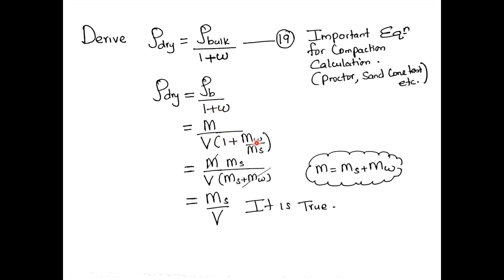Water content is equal to mass of water over mass of solid. Take Ms common, Ms plus Mw, this Ms goes up. M over V into Ms over Ms plus Mw. M is equal to mass of solid plus mass of water, equation number 3, I think, check. This M and Ms plus Mw cancel out. Ms and M remaining, Ms over V. This is the definition of dry density. It is true. Therefore, this relationship is true.